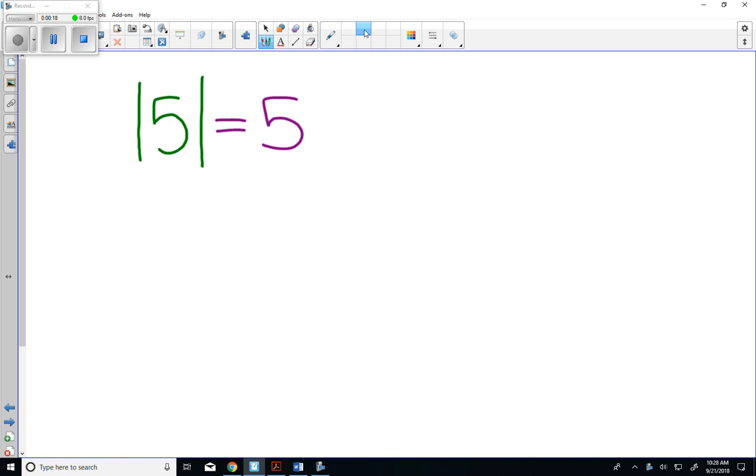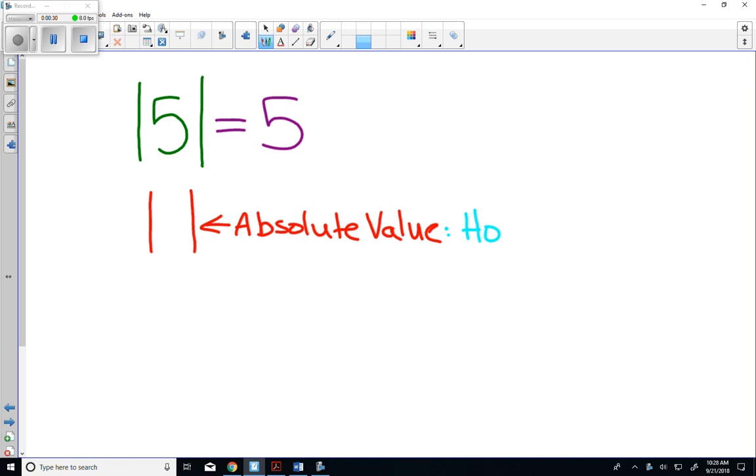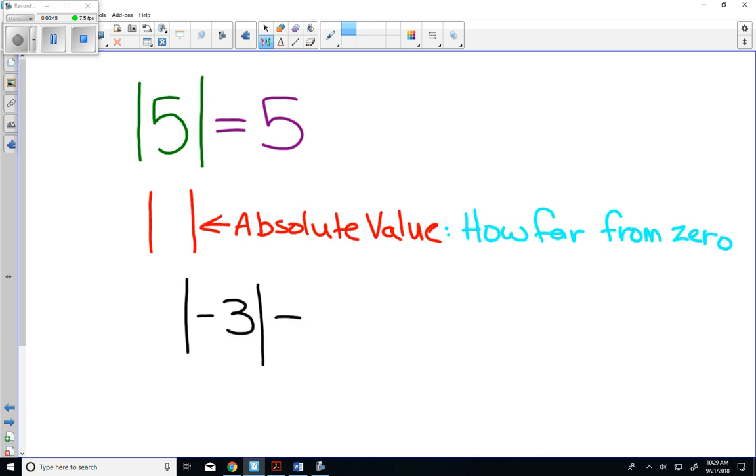Absolute value, these symbols, mean how far from 0. And so if you had, say, the absolute value of -3, that answer is 3 because it's 3 away from 0.